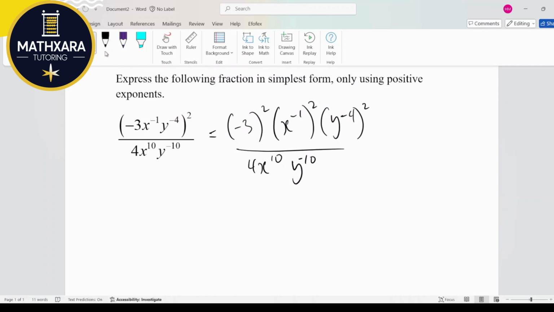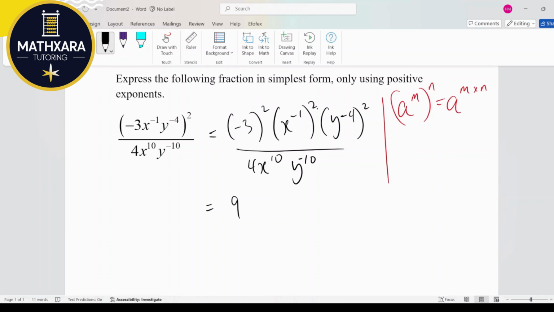Now, our first law that we'll be using is the power to a power law that says a to the m raised to the power of n is a to the m multiplied by n. So let's take a look at each term in the numerator. Negative 3 squared, that's negative 3 times negative 3, which is 9.